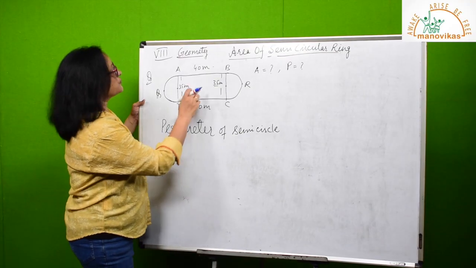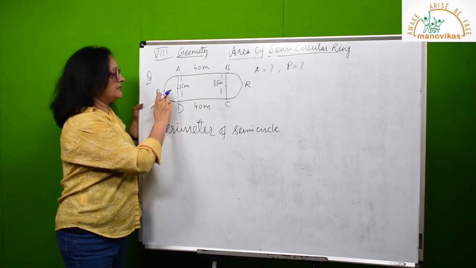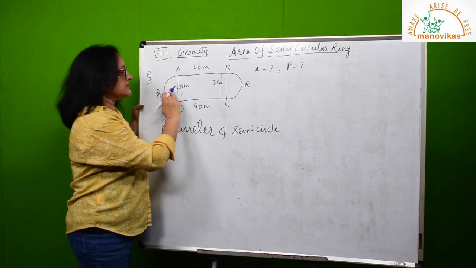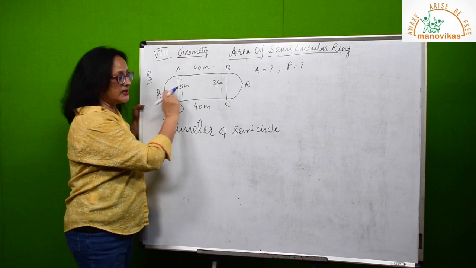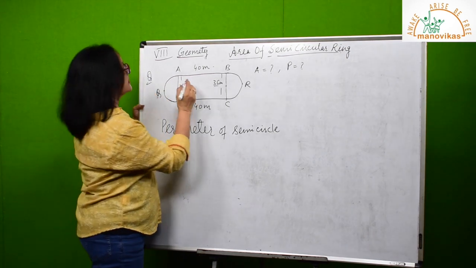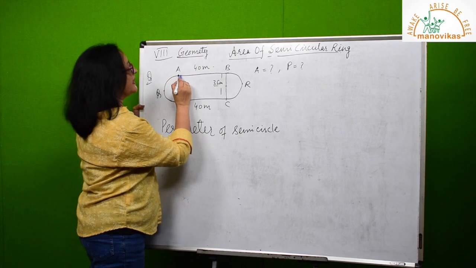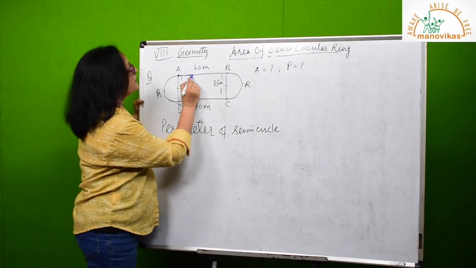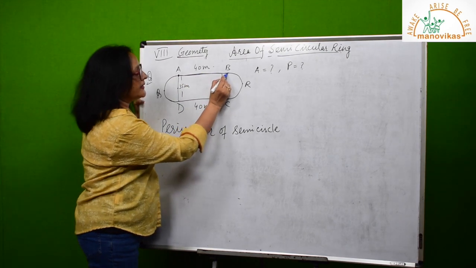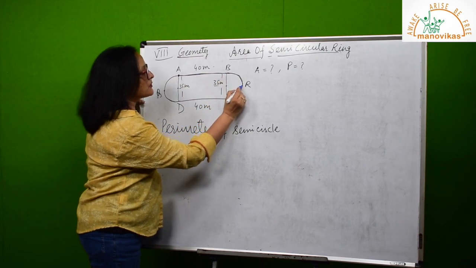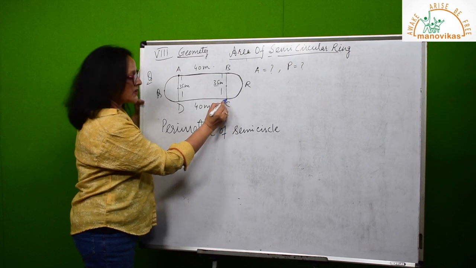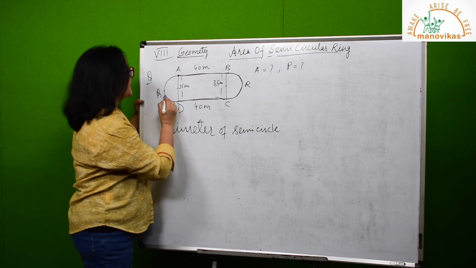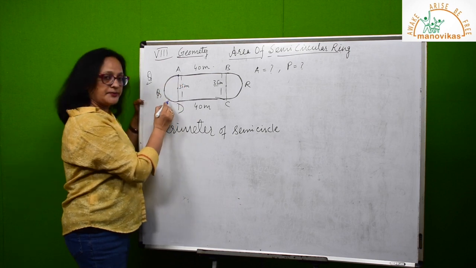But when we have to find the perimeter of this figure, then you will not take perimeter of one semicircle plus perimeter of another semicircle and add them. Why? Because when we talk about the perimeter, perimeter means the boundary of the figure. So if we start from A, we will go along the length of the rectangle, then we will go the circular path of the semicircle, then we will move C to D, then from D to A, the circular path.